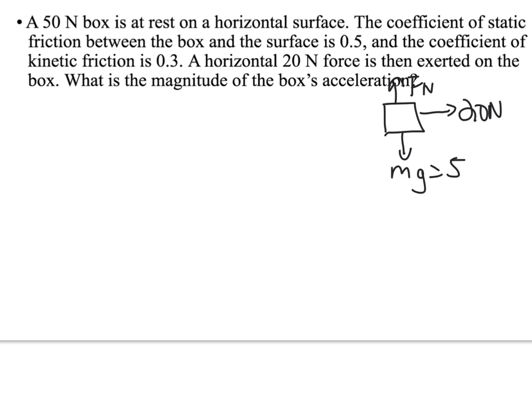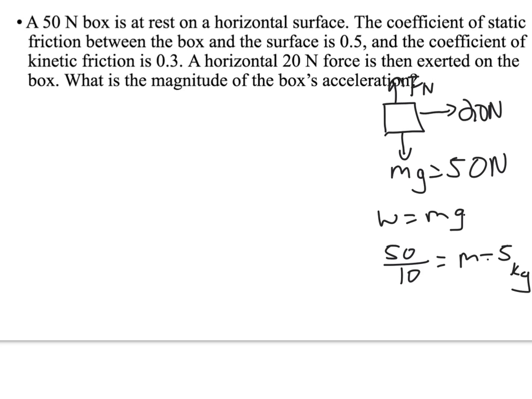That is the entire force of the weight, not just the mass. To work back to the mass, my weight is my mass times the acceleration due to gravity. So my mass is 50 divided by 10, and that equals m, which is 5 kilograms. So I've got a 5 kilogram box.